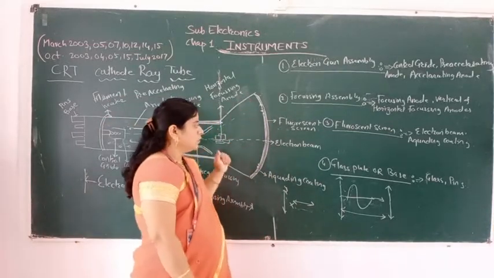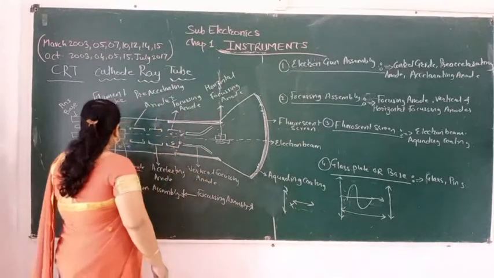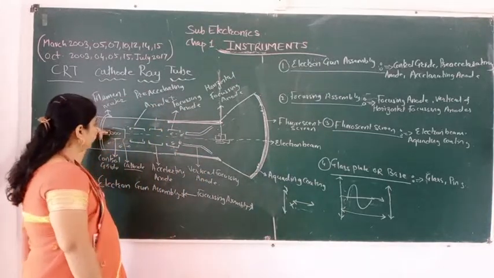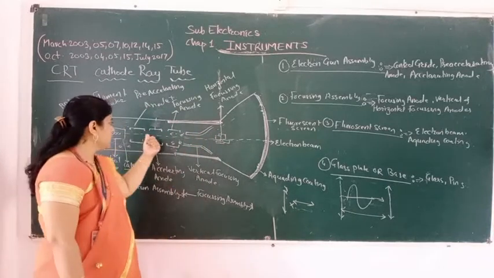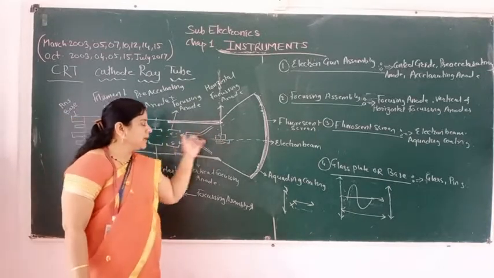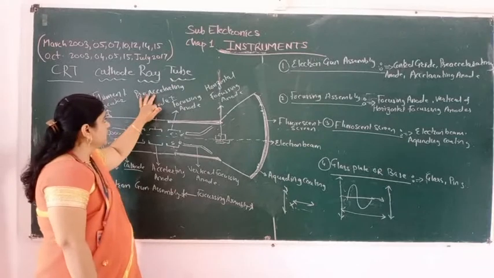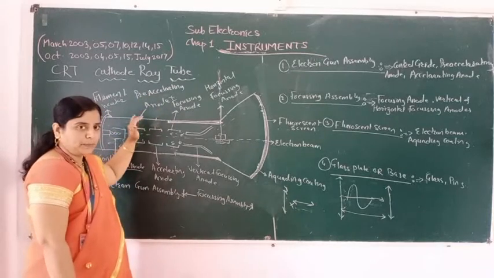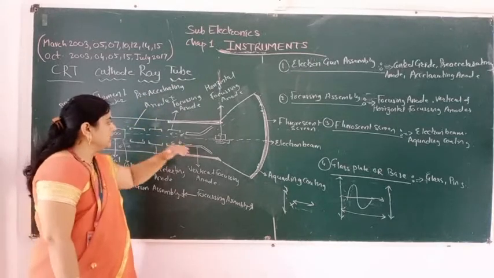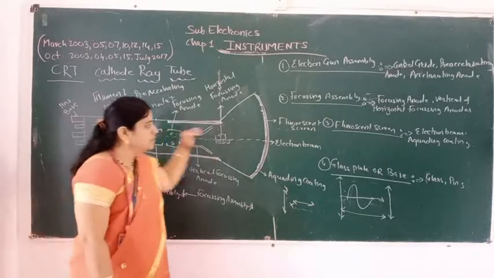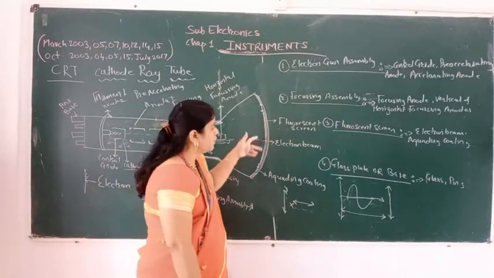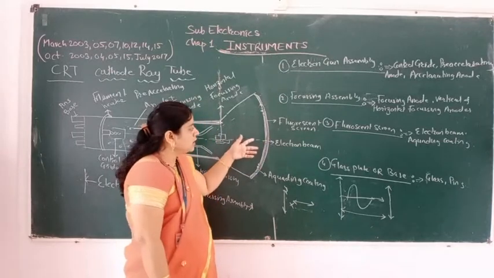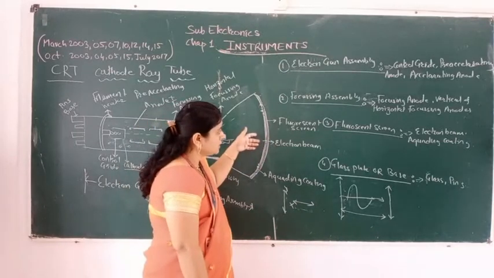What happens when the electron beam is emitted? It starts moving, and the accelerating anode gives it speed. With full kinetic energy, it strikes the fluorescent screen.